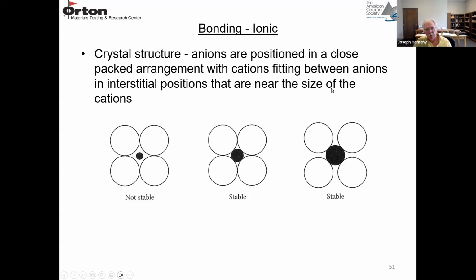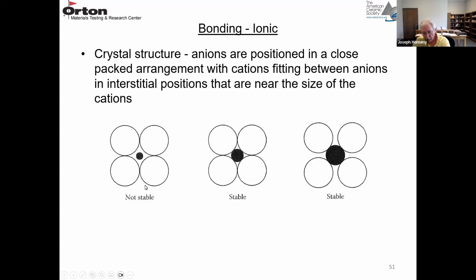And those interstitial positions are near the sides of the cation. So the large open circles are the anions, the black circle is the cation. So when a cation just fills an interstitial position here, it's the most stable. And if it's a little bit bigger, it's still stable. But when it's much smaller, it's not a stable configuration.